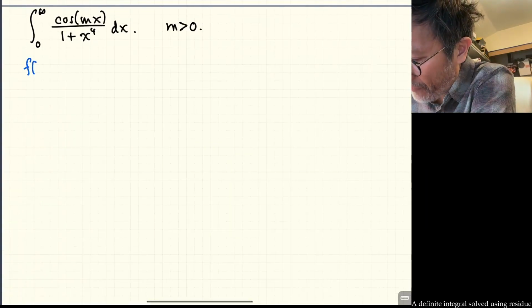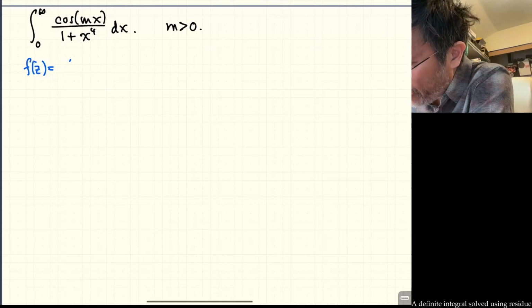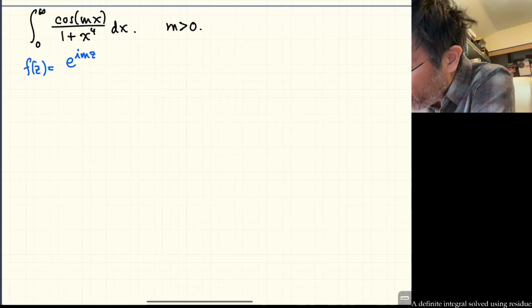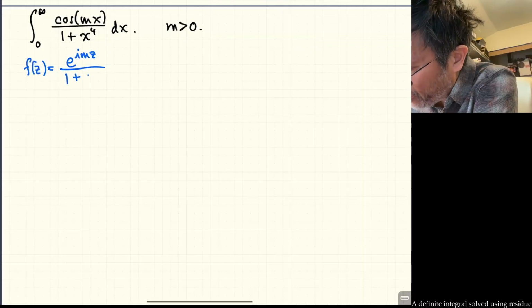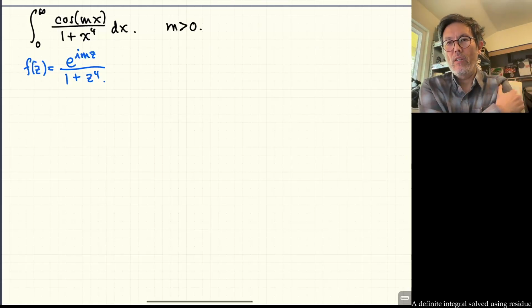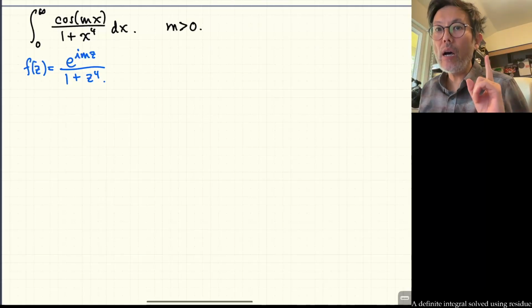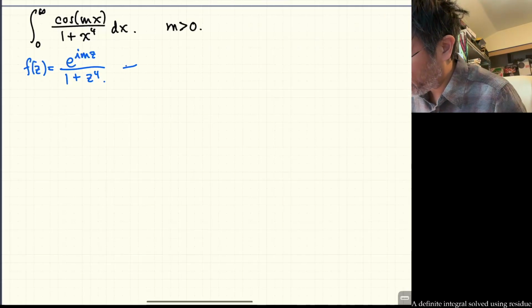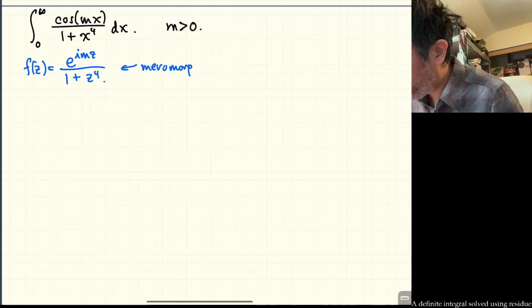I'm going to define f of z to be e to the i mz divided by 1 plus z to the fourth. Now, you'll agree, this is what's called a meromorphic function. And recall what that means.